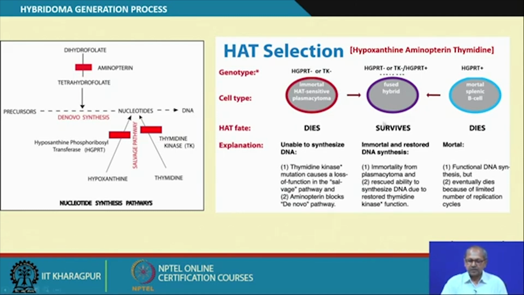So only the fused hybrid cell, or hybridoma, will survive on 2 or 3 passages or 3 generations of cell growth. This basic technology was discovered around the 1960s and is still followed for hybridoma production.